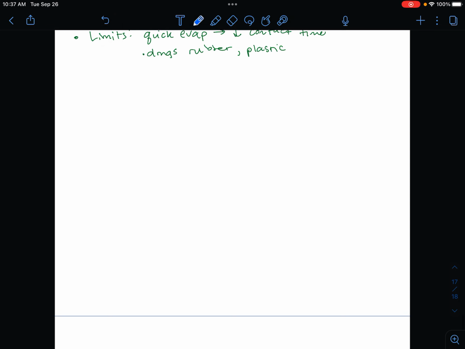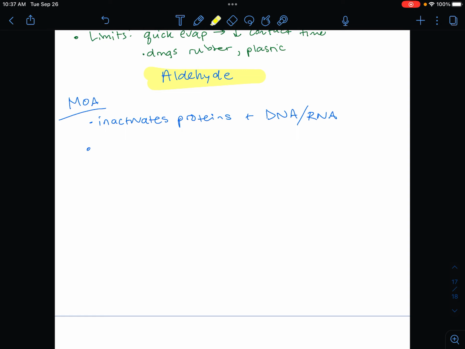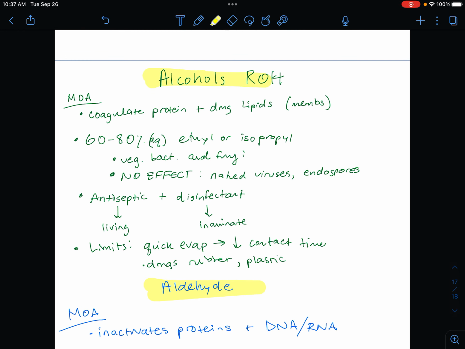Alright, next reagent on our list is the aldehyde. The mode of action, MOA, it inactivates proteins and nucleic acids. So we'll just simplify it, say DNA, but it does say nucleic acid, so technically it's DNA, RNA. Alright, so one type that is commonly used, let's just highlight some of the main things here.